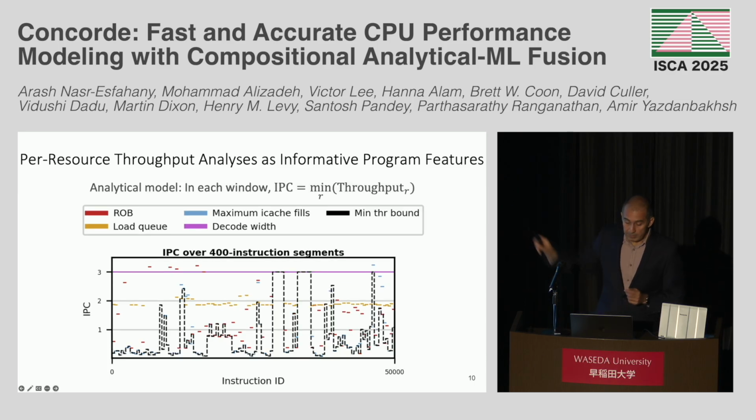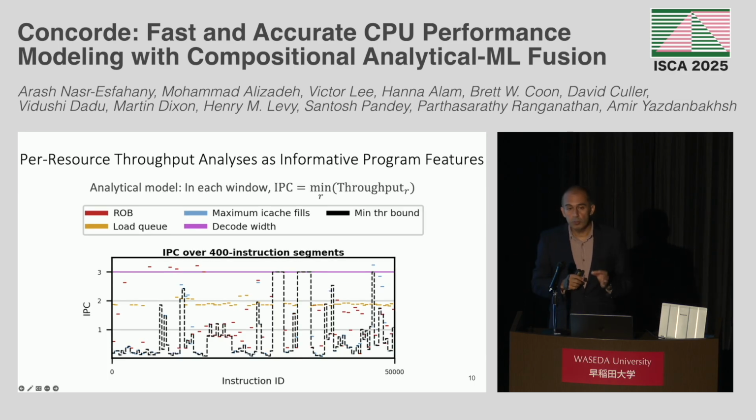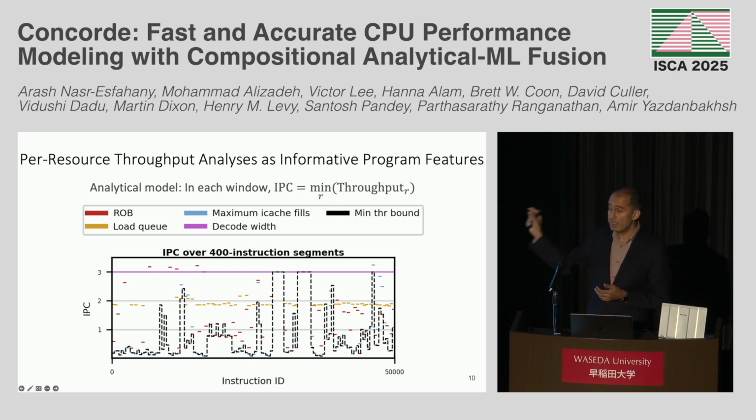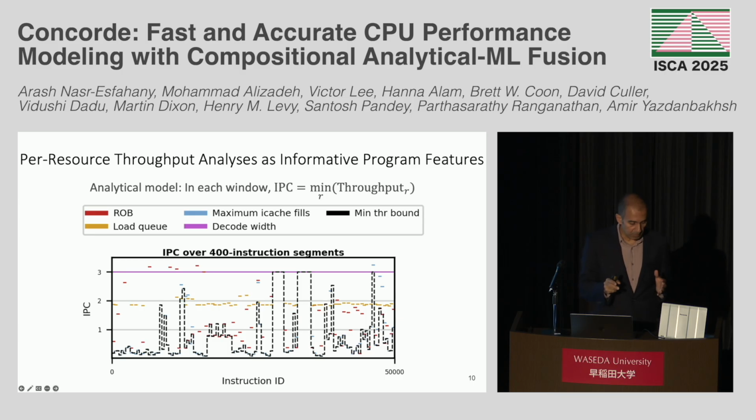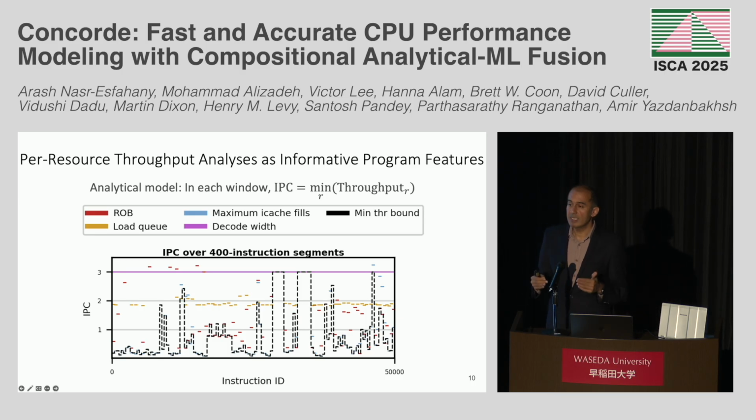The dashed black line represents the minimum throughput bound across all resources at a given window of 400 instructions. In other words, it is the most constraining bottleneck at that point in time.